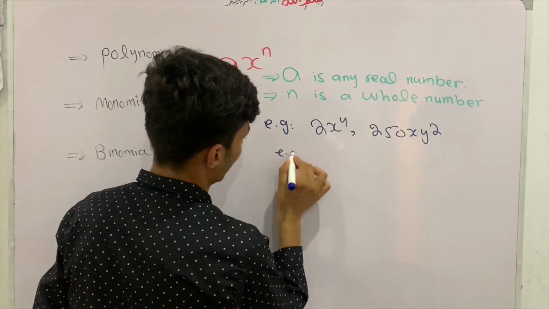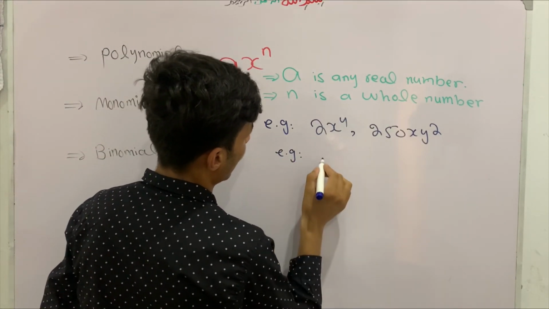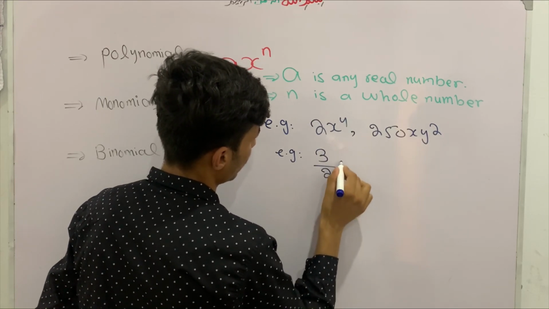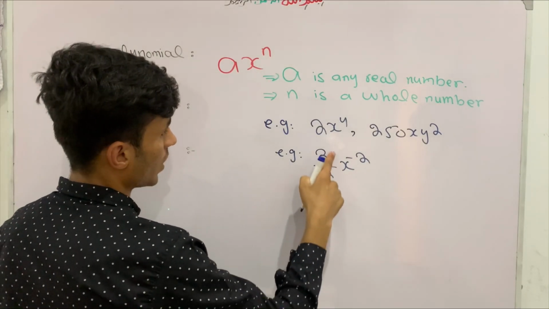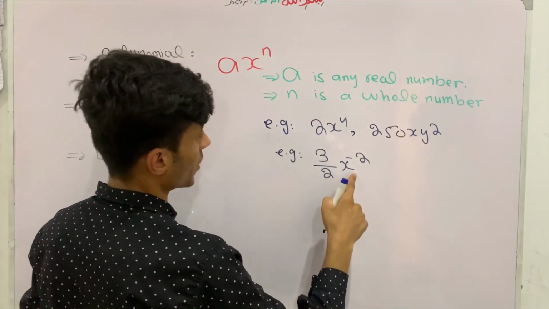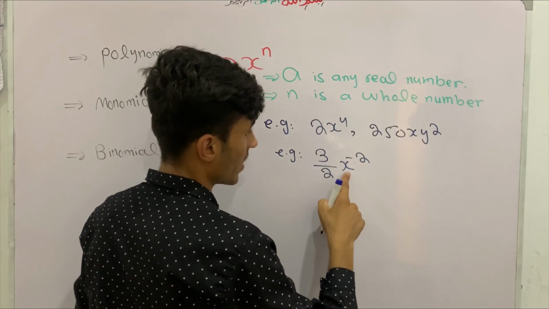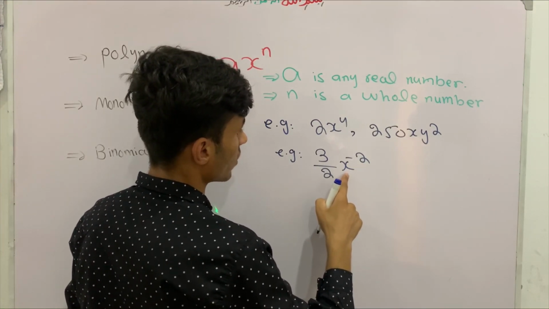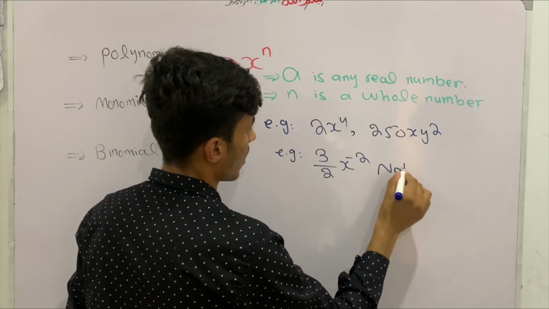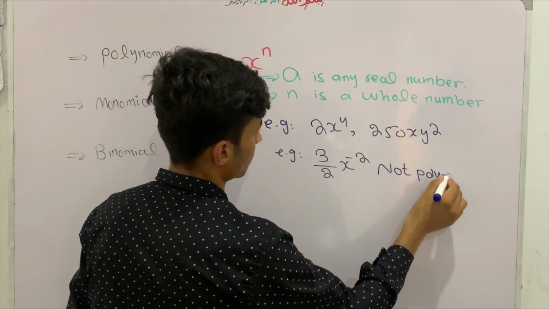What about this one? 3 over 2 x to the power of negative 2. If we think of 3 over 2, this is a real number, but here in this case, the power of x is a negative number, which is not a whole number. So this is not going to be a polynomial, not a polynomial.